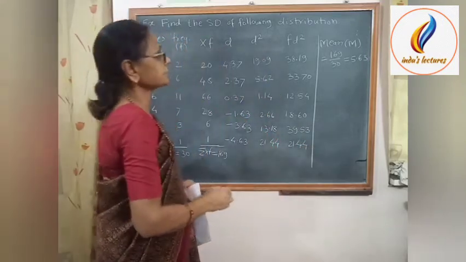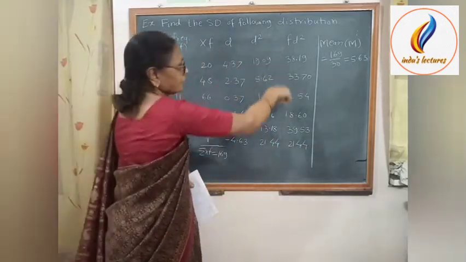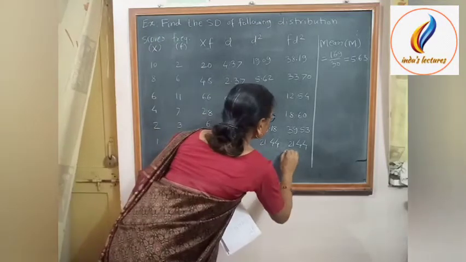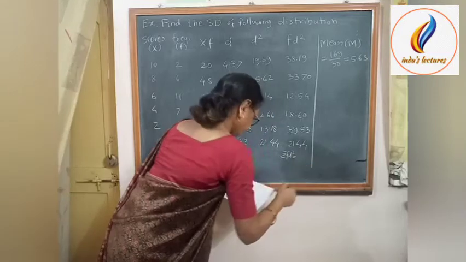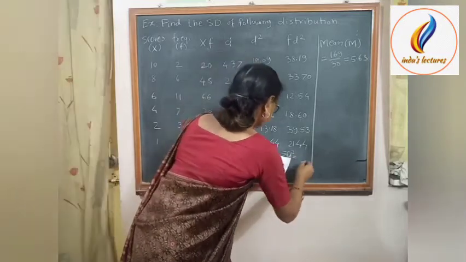Now take the sum of these products f into d square. So summation of f into d square is equal to 164.